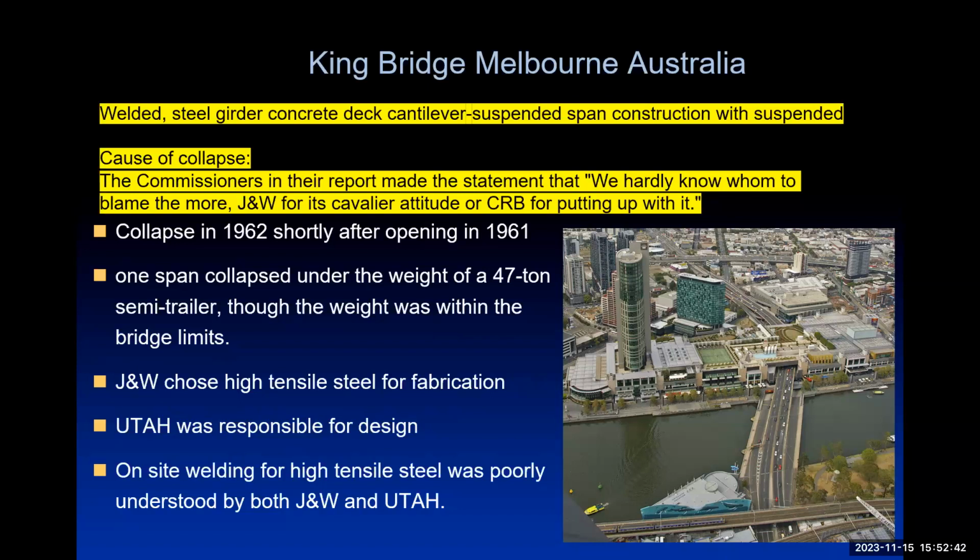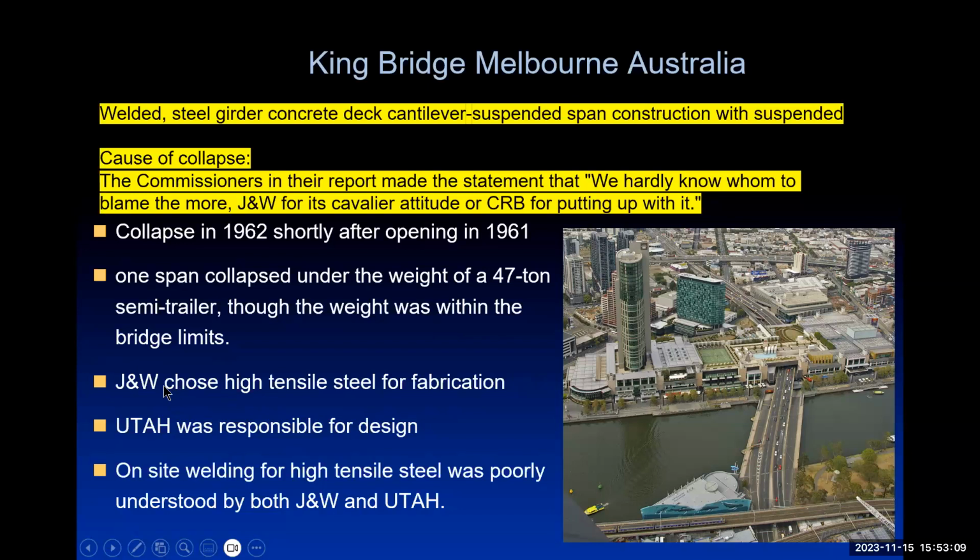This is a welded steel girder, concrete deck, cantilever suspended span, and one span collapsed under the weight of a 47-ton semi-trailer. In practice, though, the weight of the trailer was within the bridge limits at the time it was built.